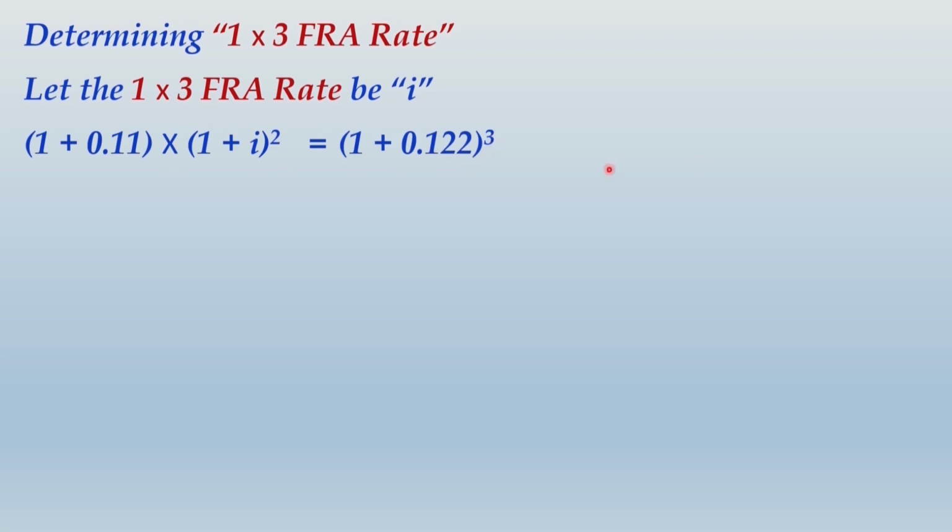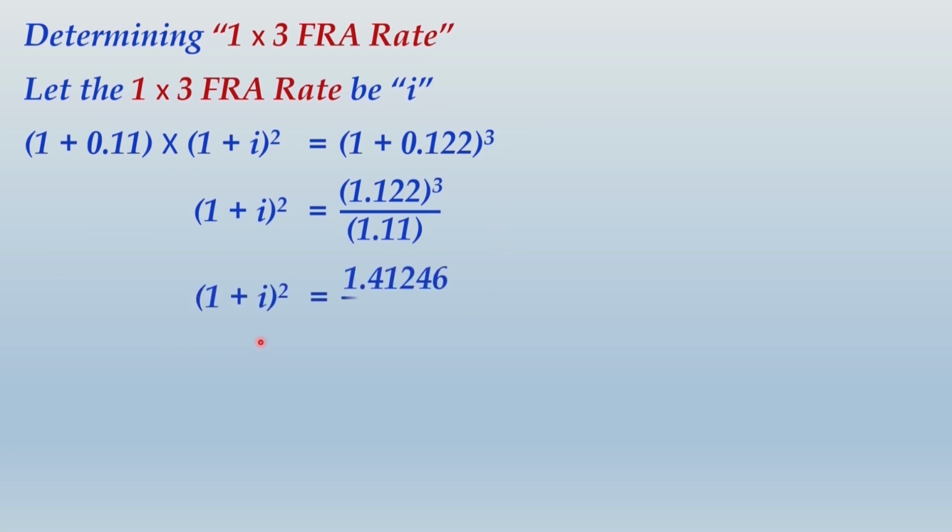When you solve this equation, on the left side you will get 1 plus I whole square, equal to 1.122 raised to 3 divided by 1.11. Solving this, 1 plus I whole square will be 1.41246 divided by 1.11. Again, 1 plus I whole square gives you 1.272486.